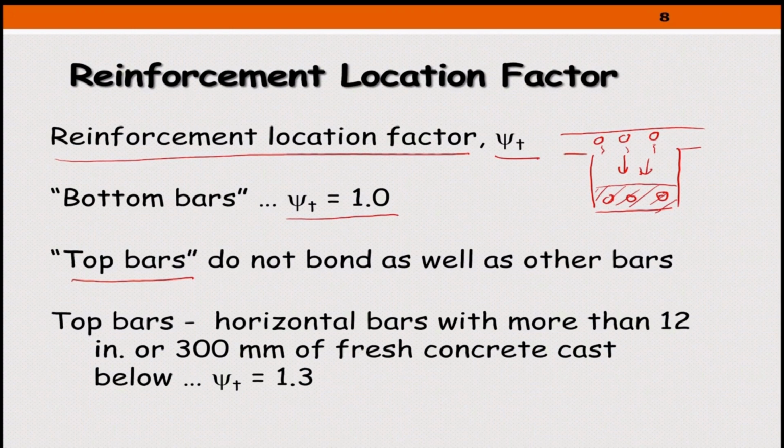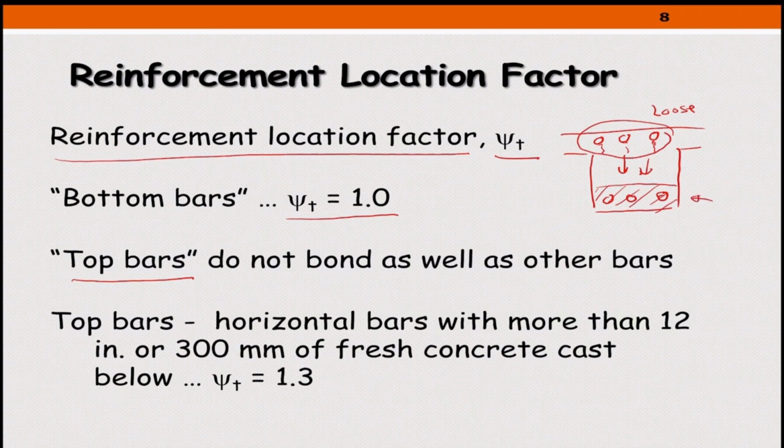With time, the concrete in its fresh state will actually settle, leaving some air next to the bars. This would make the concrete around the bar on top loose, and therefore it will not bond as well as concrete with the steel bars at the bottom.